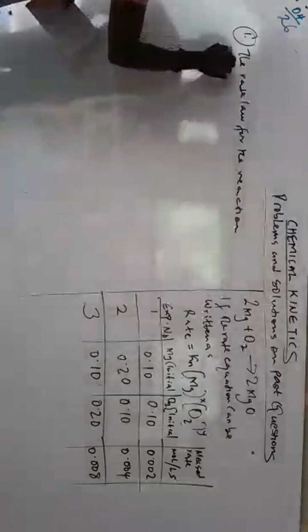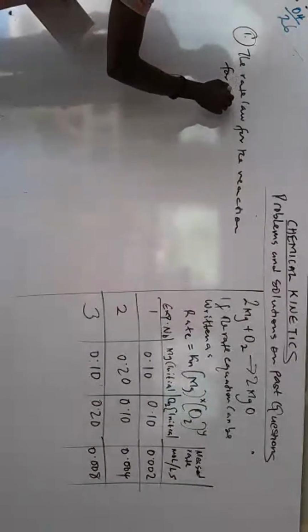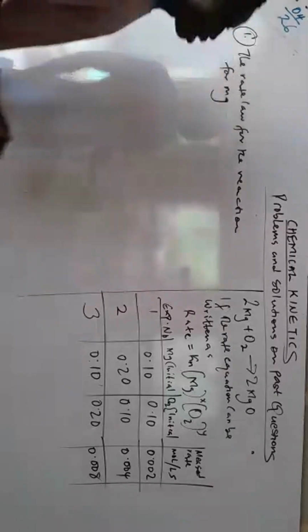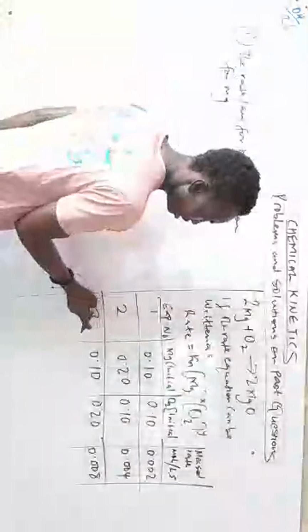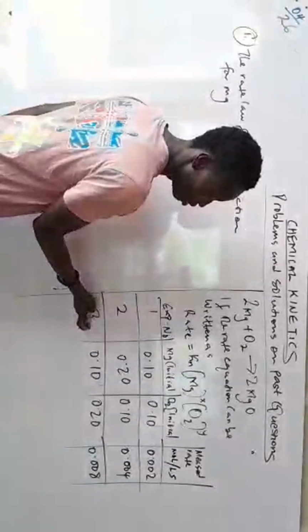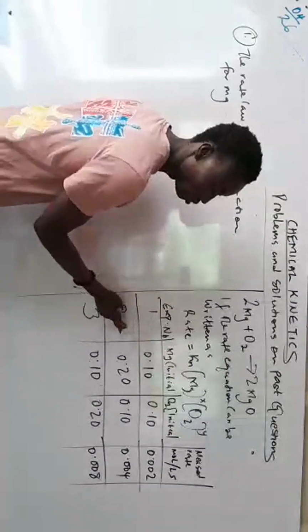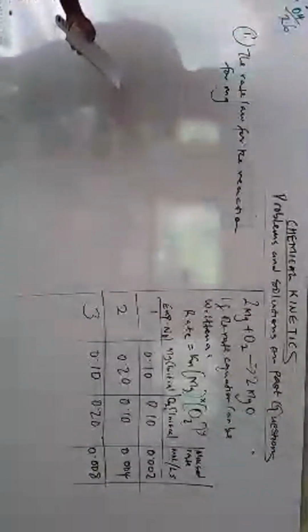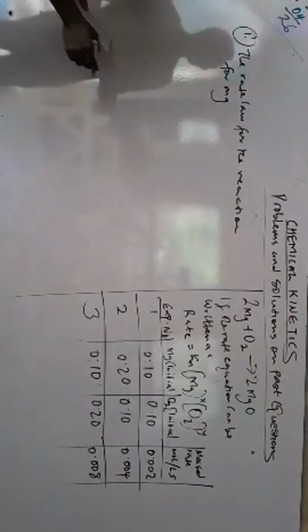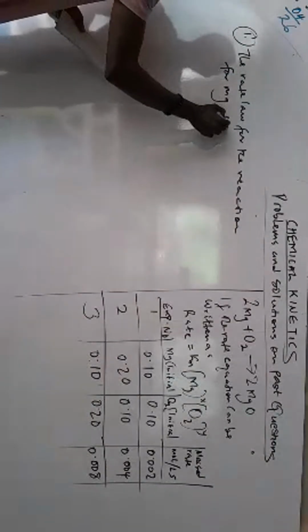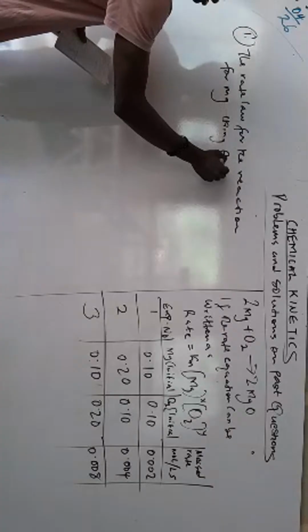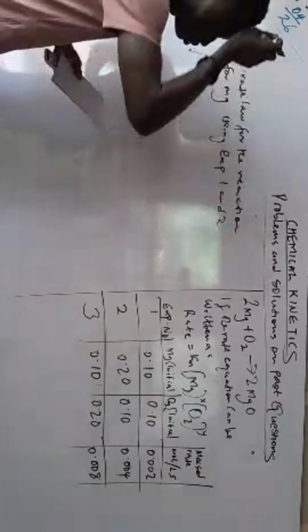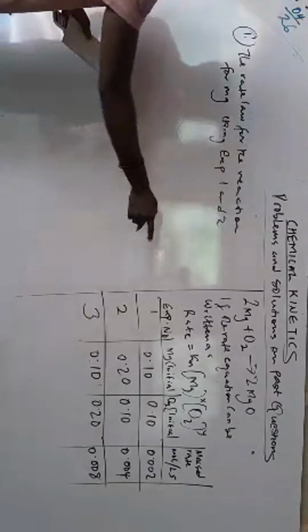So for magnesium, the concentration of O2 is constant in these two experiments. So we can make use of these two to solve, which is on different experiments that we have there. So we are going to be using experiments 1 and 2 for magnesium.